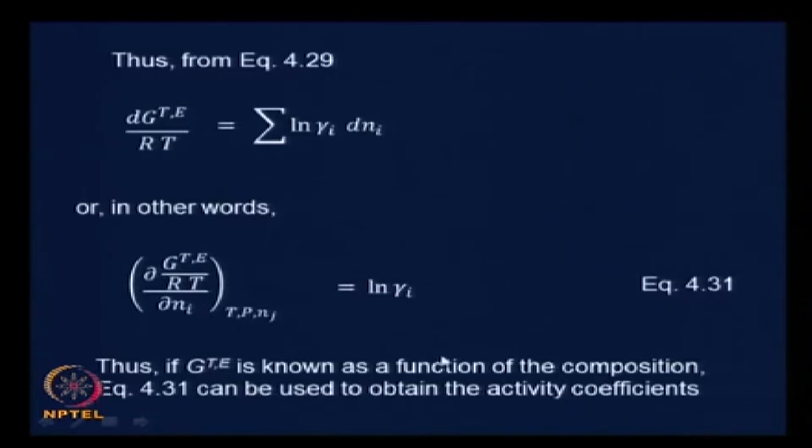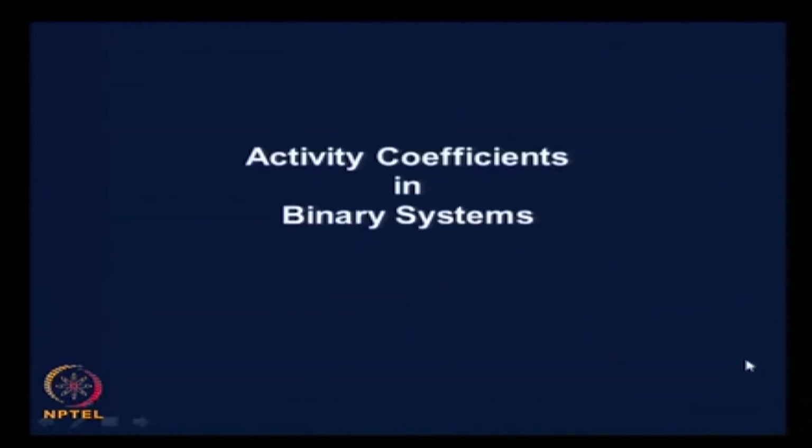If GTE is known as a function of composition, then equation 431, dou GTE by RT dou ni at constant T, P, nj equals ln gamma i, can be used to obtain the activity coefficients gamma i. Essentially, we will be looking at models for binary systems of GTE or GE as a function of the composition x1 and x2. So, let us look at some of the models that are available in the literature and somewhat commonly used.